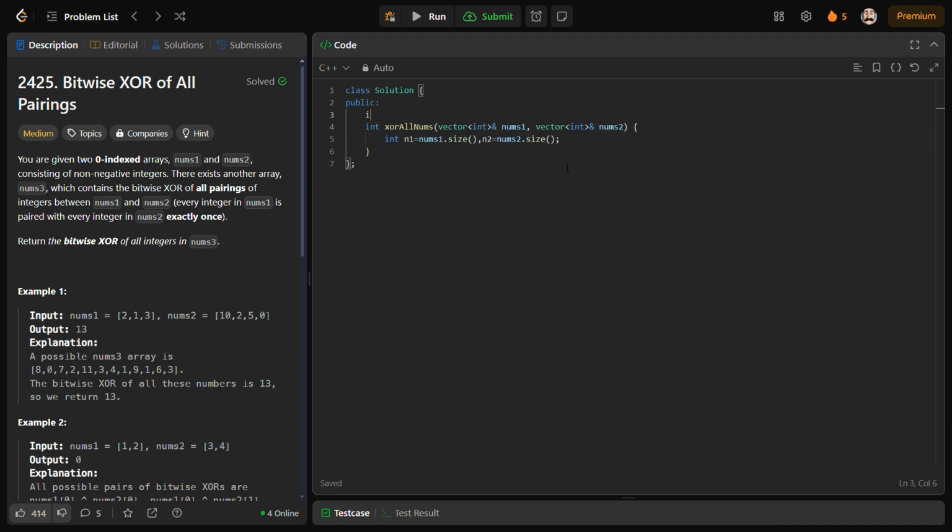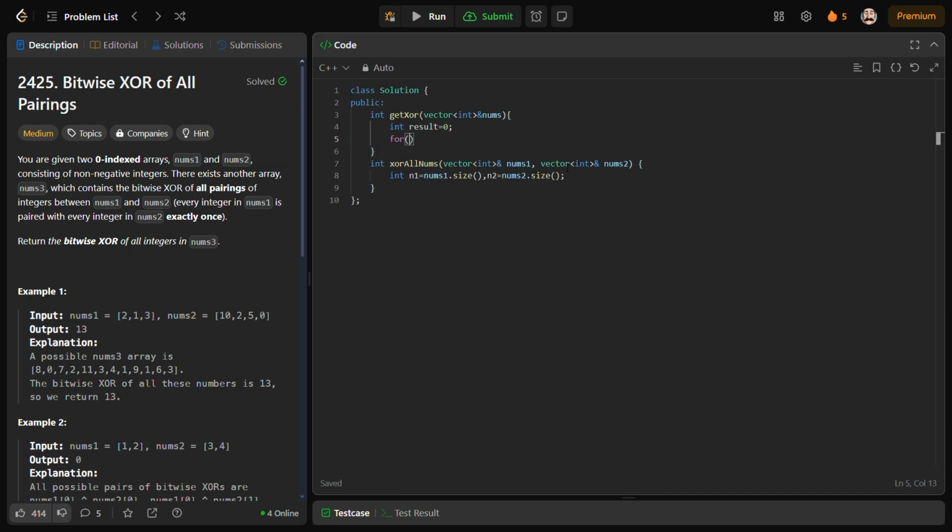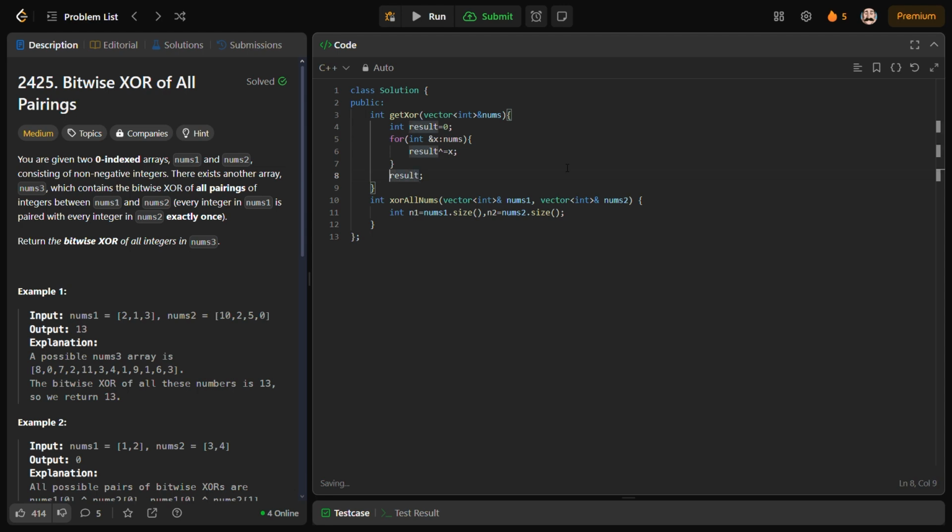Then let me create a helper function that will give me the XOR of the passed array. Here we are getting the XOR of all the elements in the array. We have to return it. Okay.